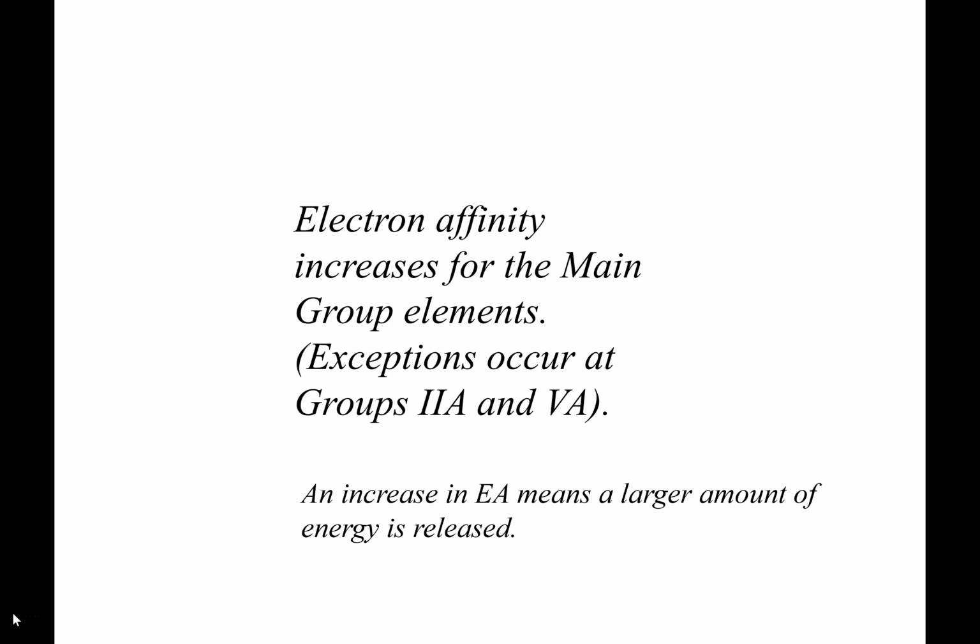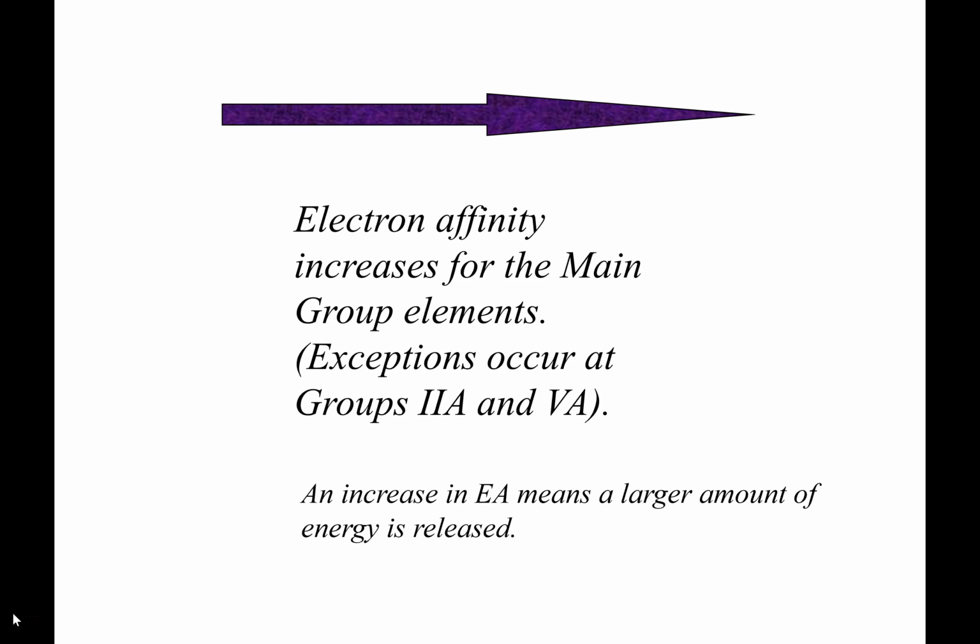So got some arrows again. Again, just limiting it to the group A elements. So remember the group A elements, you take these 2 columns and these 6 columns and you squish them together. And we generally have this trend, although there are some exceptions, that electron affinity increases going this way and this way. So you're like, that's the same trend as the ionization energy. You're right.